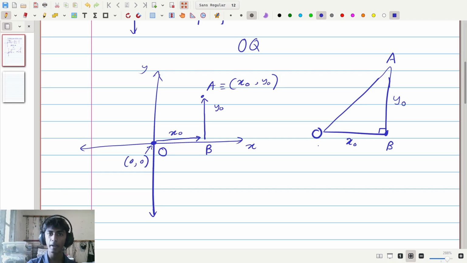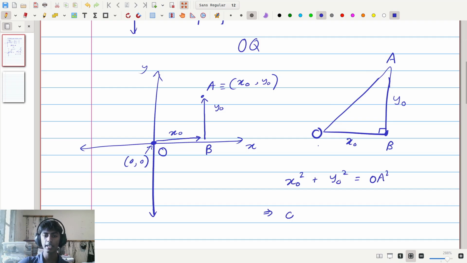If you recall the Pythagorean theorem, a squared plus b squared equals c squared. Here I can write this as x0 squared plus y0 squared is equal to c squared. The hypotenuse in this case, the longest side, is OA. So therefore this is equal to OA squared.